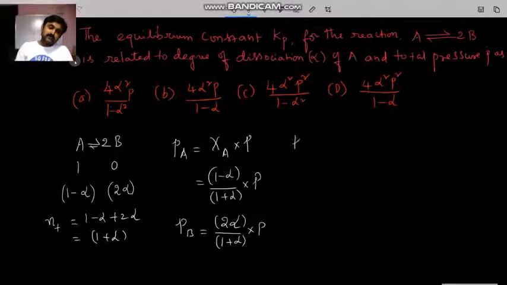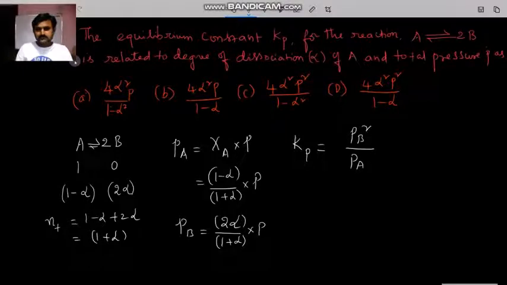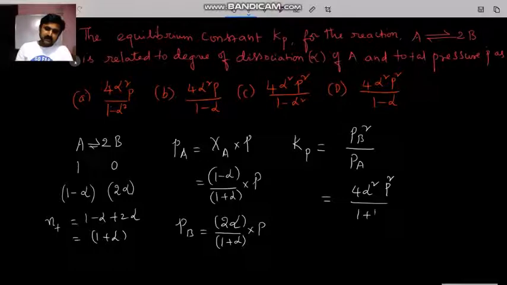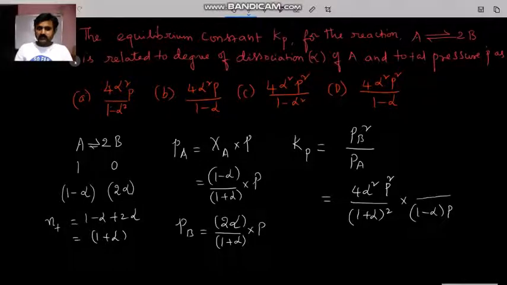We know the equilibrium constant with respect to partial pressures is the partial pressure of B whole square by the partial pressure of A. That equals 4 alpha square into P square divided by 1 plus alpha whole square, divided by PA, which is 1 minus alpha into P divided by 1 plus alpha.